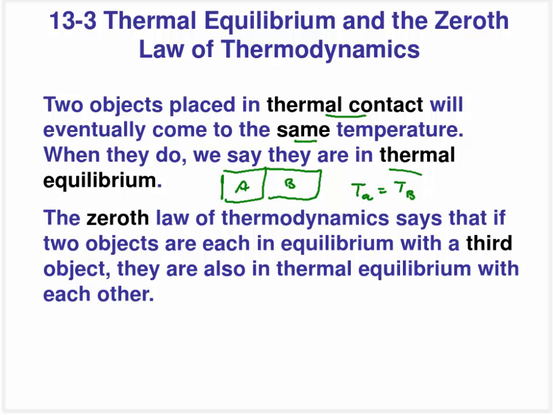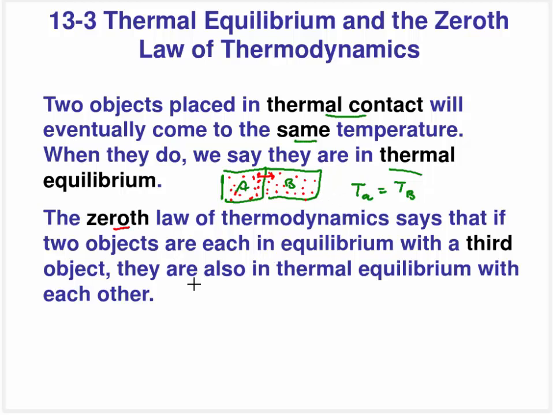What's going on on a microscopic scale is the molecules in A are banging into the molecules in B. Let's just say that B was initially colder, so energy is going to flow from A into B, and all the molecules in B are going to bump into each other. Then when they're in thermal equilibrium, all the molecules in A have the same amount of energy as those of object B.